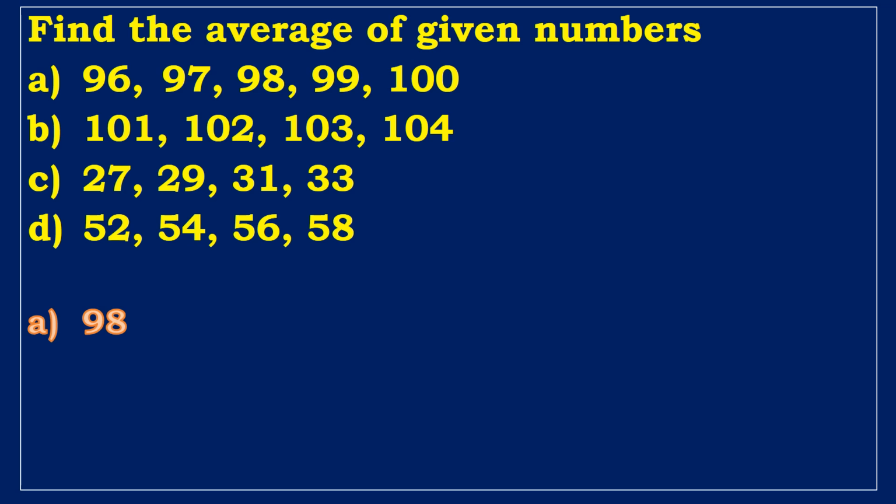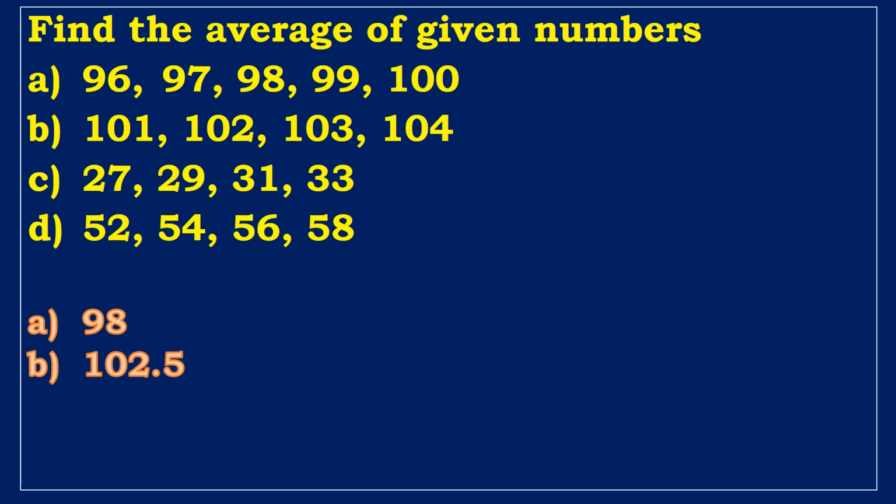The average of these 2 numbers is 102.5. So, the middle number of the set of consecutive numbers is 102.5.